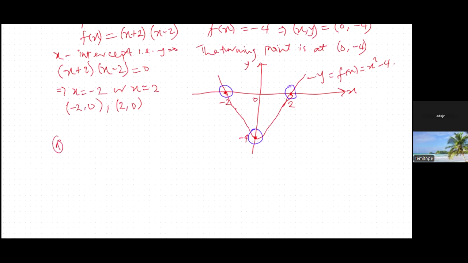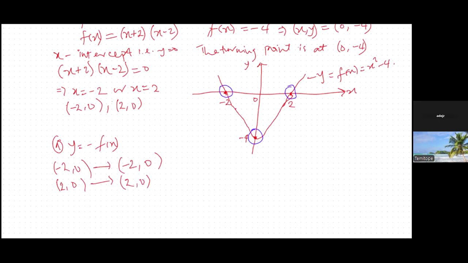y equals -f of x. The coordinate of y will now change. So that means (-2, 0) will be reflected to (-2, 0) because there's nothing like minus 0. (2, 0) will be reflected to (2, 0) because there's nothing like minus 0.